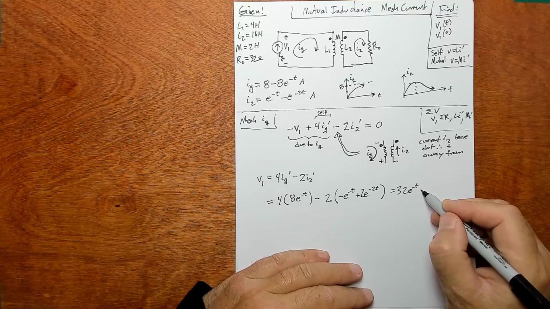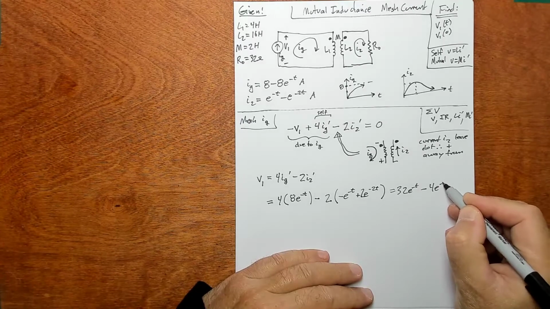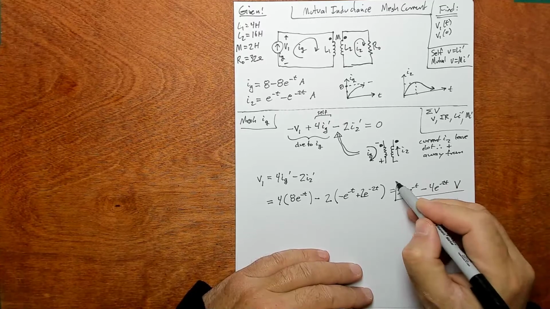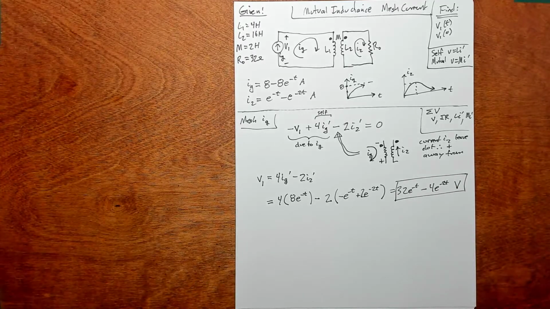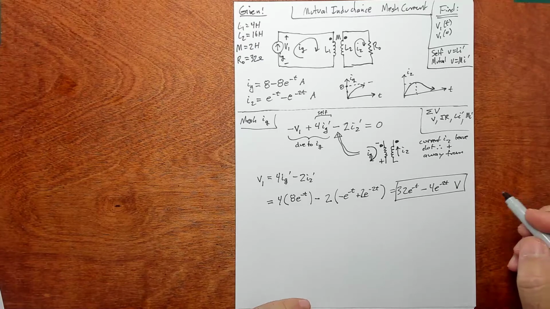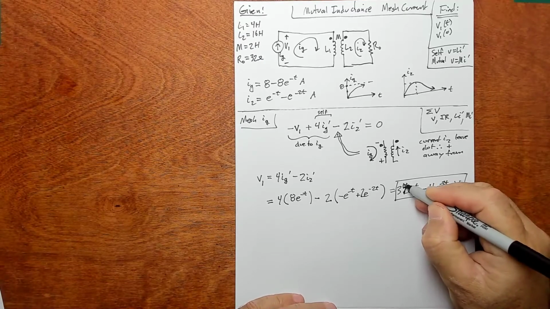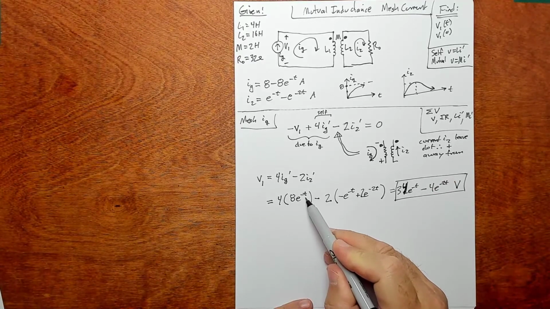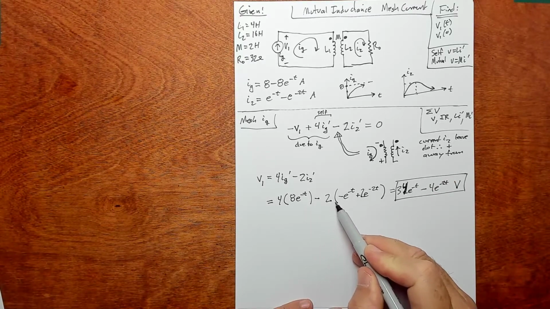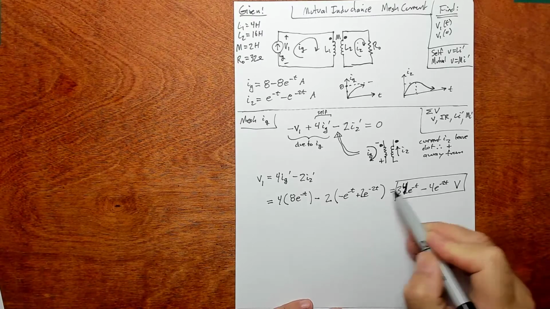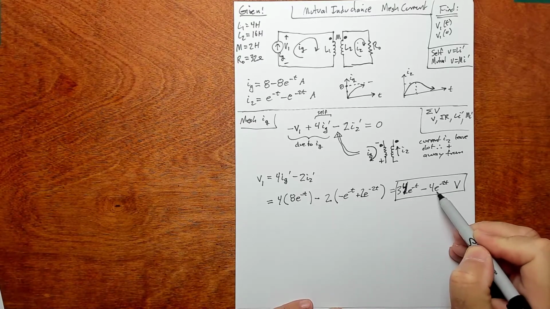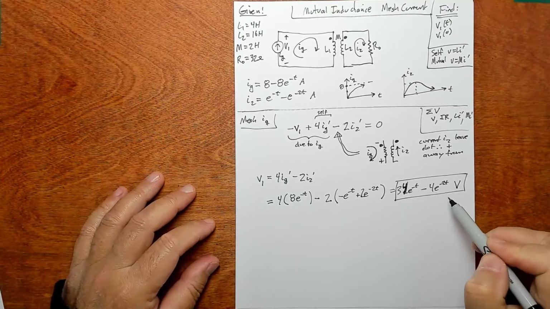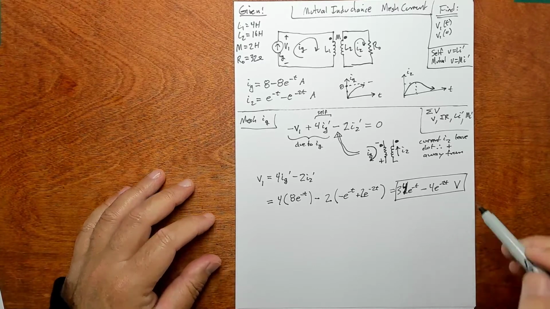Whoops. No, it's 34. Because, let's see, you get 32 e to the minus t, and maybe you get another 2 e to the minus t, which makes 34 e to the minus t, and then the 2 times this 2 gives you the minus 4, with a negative sign. And anyway, this is what you get: 34 e to the minus t minus 4 e to the minus 2t. Yeah, there's that thing right there.